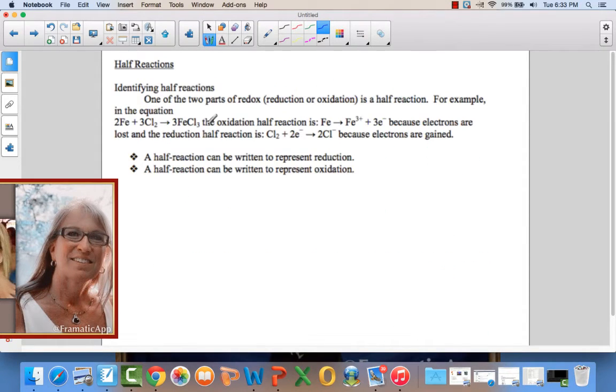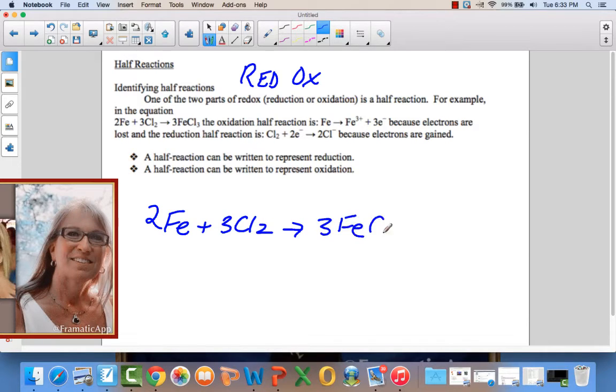Half reactions. When something gains electrons and loses electrons, therefore redox, we use half reactions to show the oxidation and reduction. So if I have this equation, I'm going to write it down here. 2Fe plus 3Cl2 yields 3FeCl3.